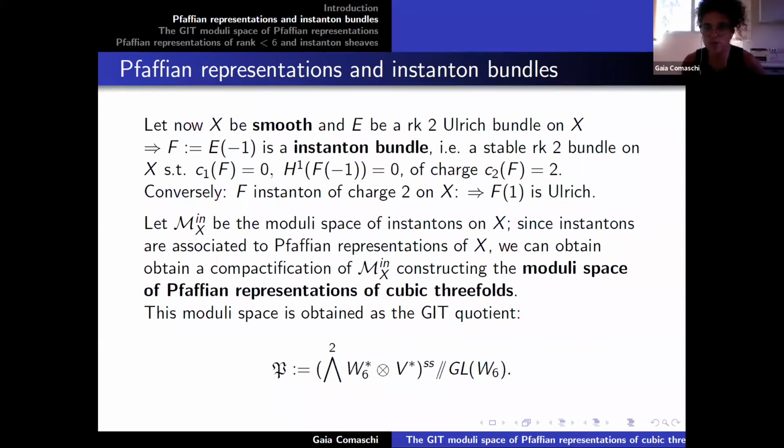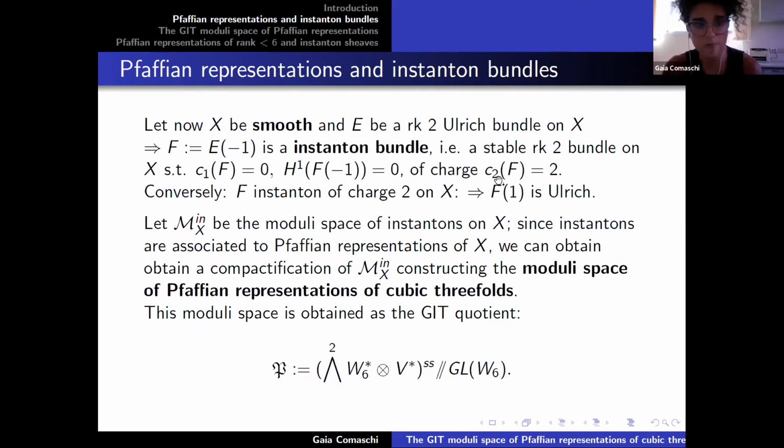If now we suppose that our cubic is smooth, we have that whenever we twist our Ulrich bundle, we will get a so-called instanton bundle of minimal topological charge. So we will get a stable rank 2 bundle that has zero first Chern class, the vanishing of this group of cohomology, and the charge is just the second Chern class.